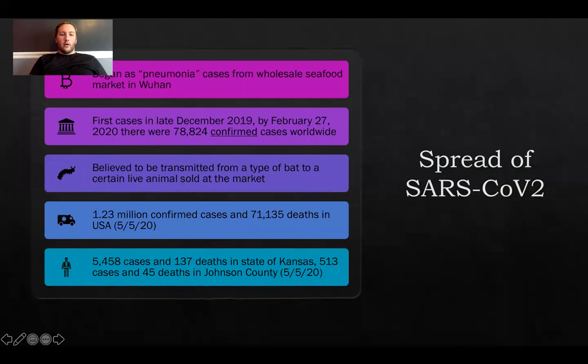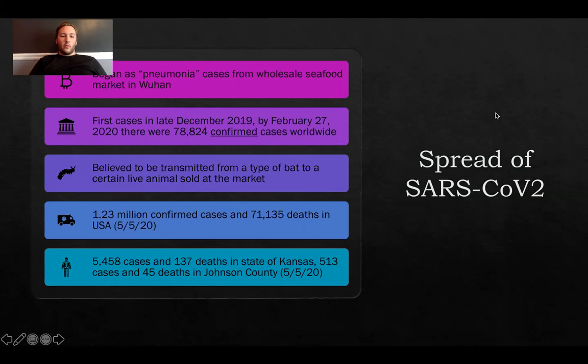It started out as pneumonia cases from a wholesale food market in Wuhan. The first cases were in late December 2019, and by February 27th, 2020, there were 78,000 confirmed cases worldwide. It is believed to be transmitted from a type of bat to a certain live animal that was sold at the market.